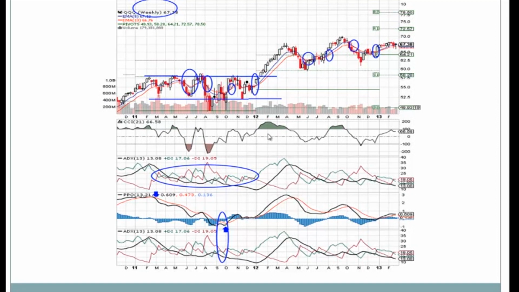If you were considering getting into this cross up of this 8 over the 13, you could easily sit and look down here and say, well, this is a P3 that's unfolding, and the stock is just coming off of a wobble against the signal line and is getting ready to go into the stage 6, the adult stage, the sweet spot.